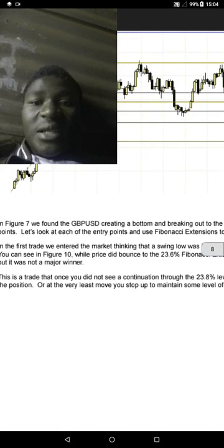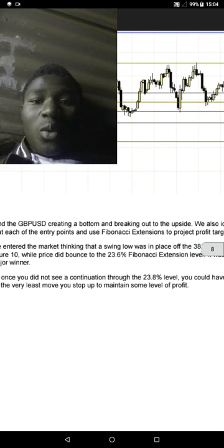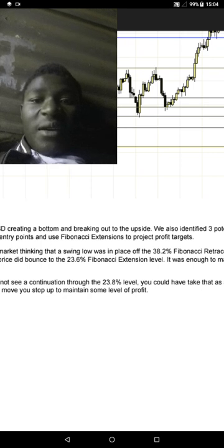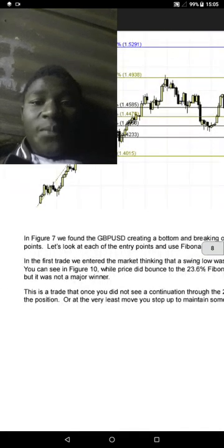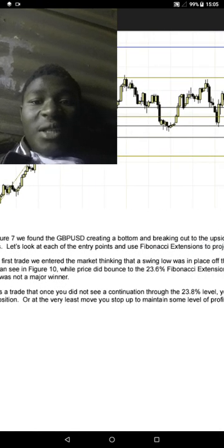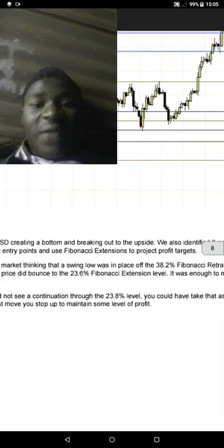This is a trade where, once you did not see a continuation through the 23.6% level, you could have taken that as a clue to exit the position, or at the very least move your stop up to maintain some level of profit.